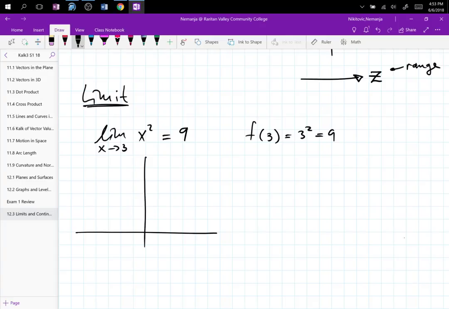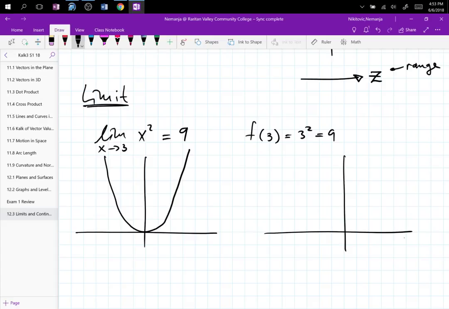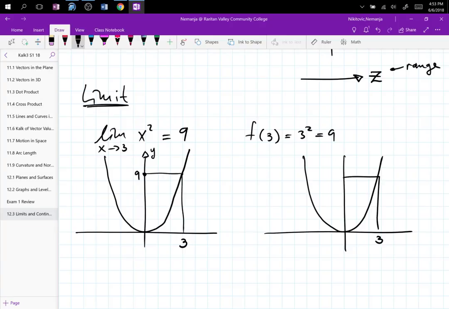So I'm going to draw a graph of x squared, which is just a parabola. And I'm going to say, let this be that number 3, which produces the output over here of 9. Now, we have the same picture on the other side, and I'm going to do the whole thing. 3, 9.